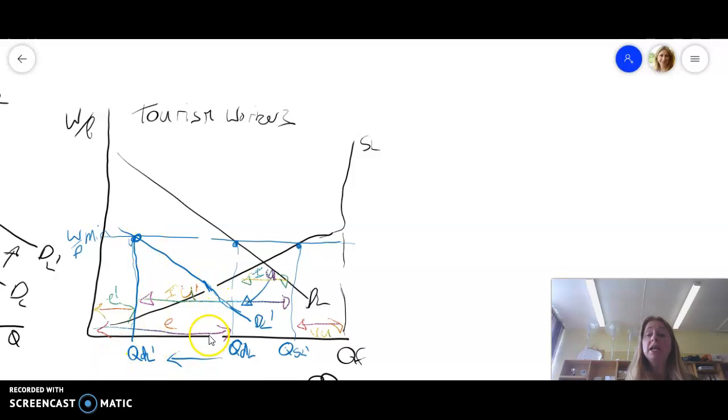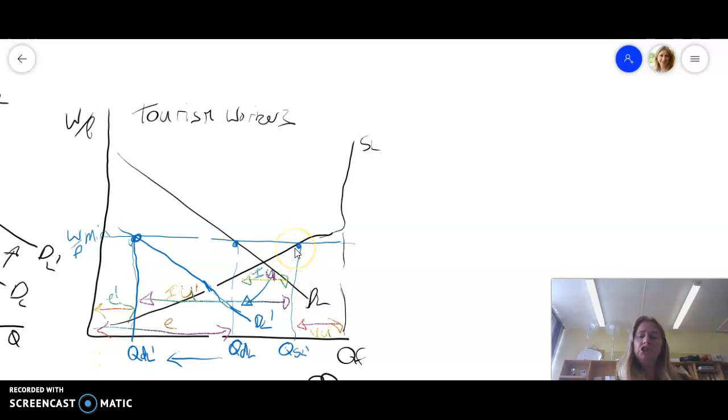It's significantly less. I'm not saying it's that much, but there is a really large decrease in the demand for tourism workers right now. So firms who do tourism have decreased their demand for workers, and so the QDL has decreased from here to here. This is now the new amount of labour demanded in the market.